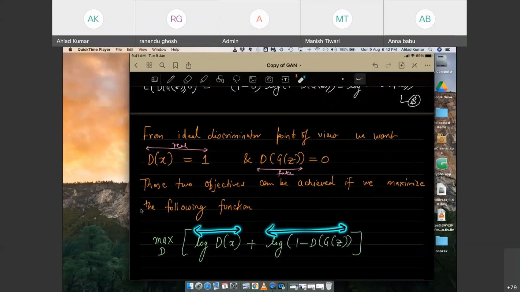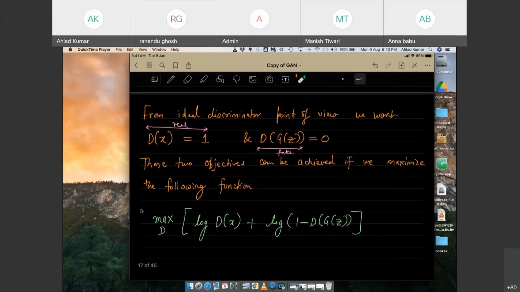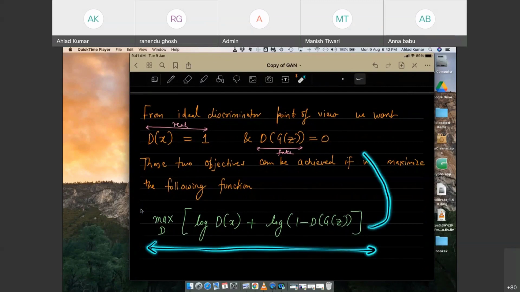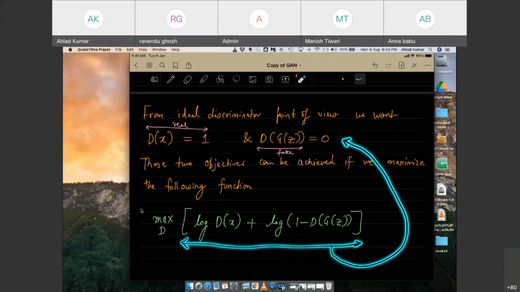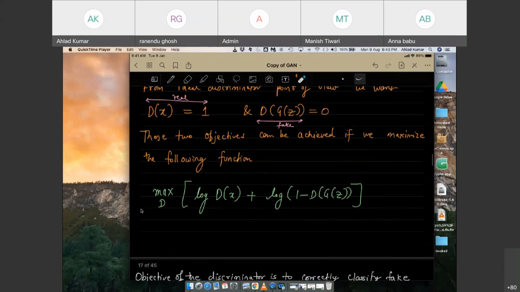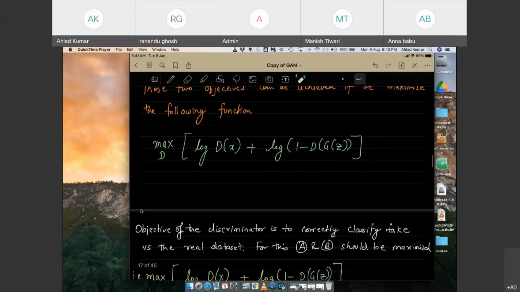We added the two terms which we have just derived, and we operated a max on this, saying let's maximize this argument with respect to D. Our main target is: if we do this, are we getting this as a final answer? Again, I'll repeat: if I'm maximizing this, are we getting this as our final answer or not? Let us see whether we are able to achieve that or not.